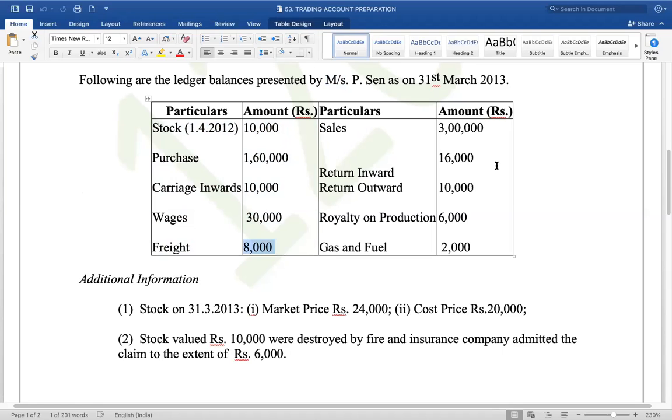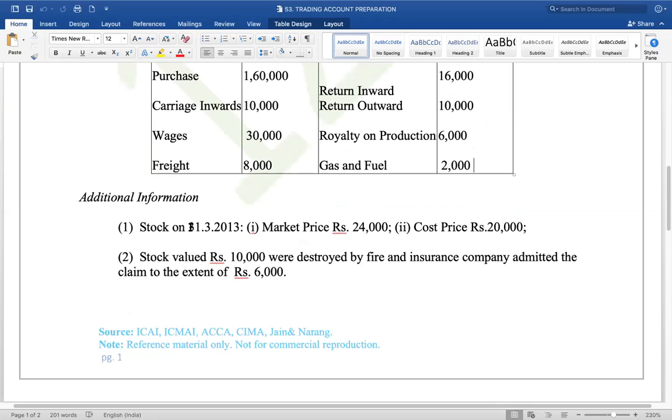Then sales 3 lakhs, returns inward 16,000, returns outward 10,000. Royalty on production 6,000 and gas and fuel 2,000. Stock on 31st March, this is closing stock. The market price is 24,000, the cost price is 20,000.